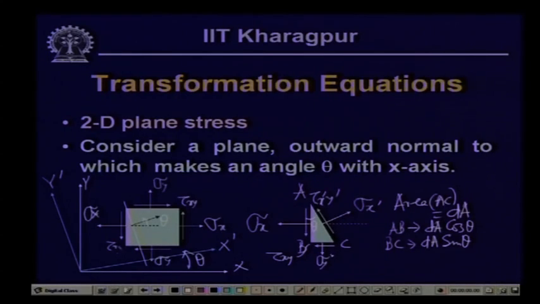Now, if we wish to write down the equilibrium equations in the x dash direction and y dash direction, then the equation looks like this: summation of forces in the x dash direction, F x dash, equals 0.